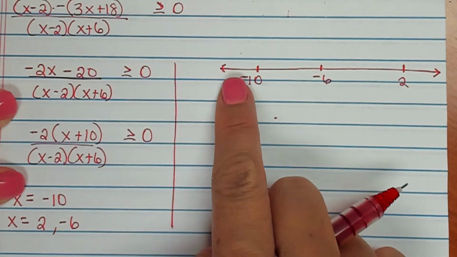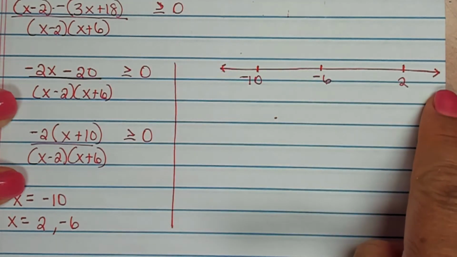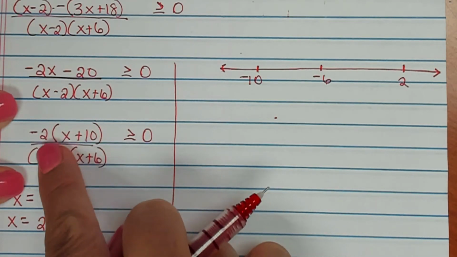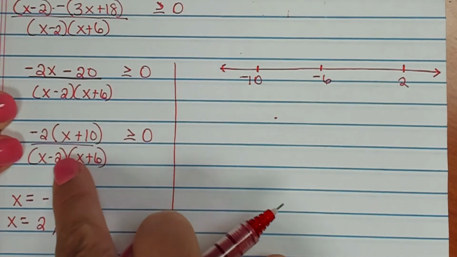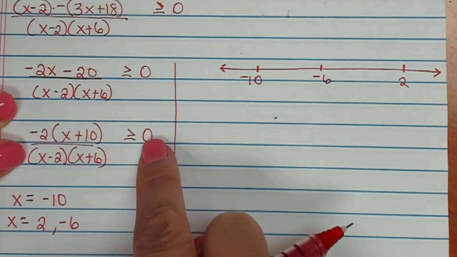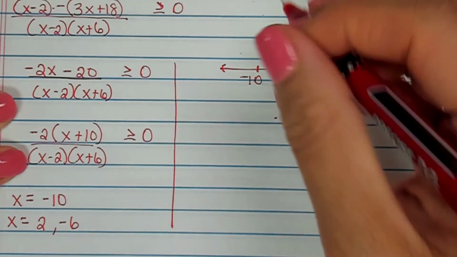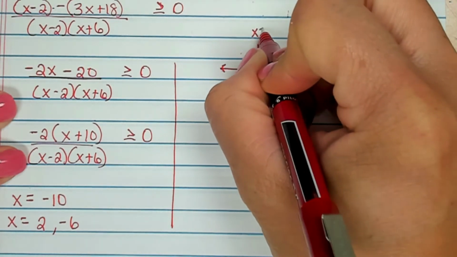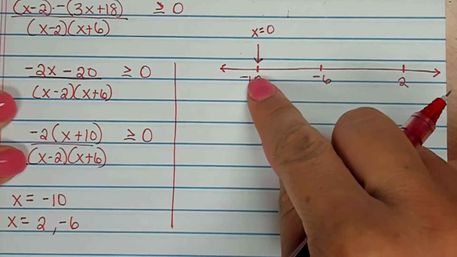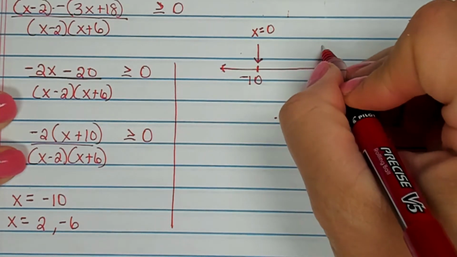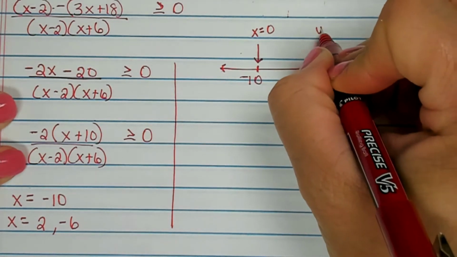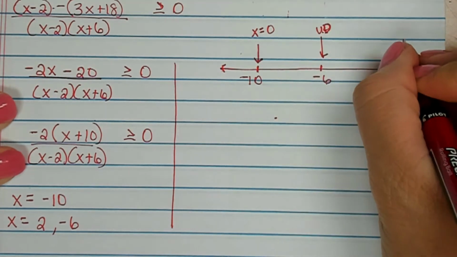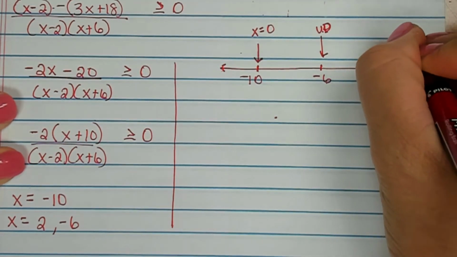What we're going to do is take my number line and break it up into intervals. I'm going to test each one of these intervals to see where this expression is greater than or equal to 0. At that point right there, I know the function is equal to 0. Here it is undefined, and there it is undefined.